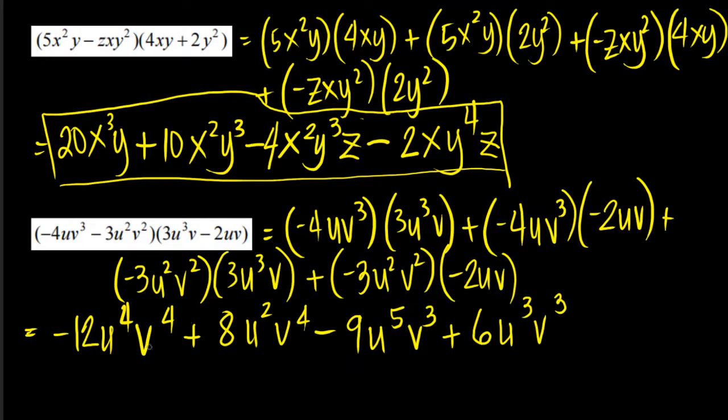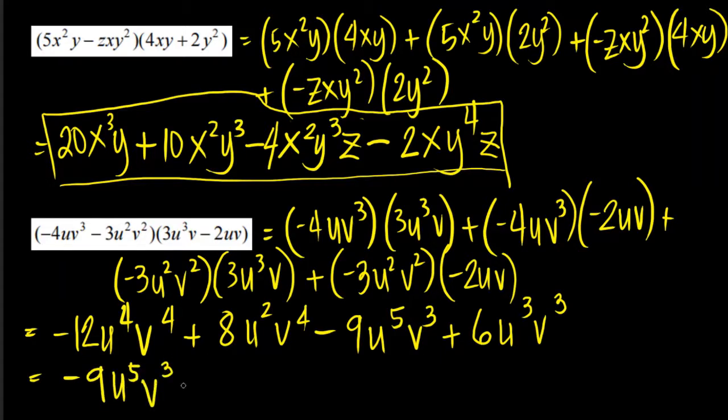Okay? So, let's check this. Earlier, x was our priority. Now, u is our priority. So, the one with the highest exponent, this term, negative 9u to the 5th v cube. Let's put it first. So, this becomes negative 9u to the 5th v cube.